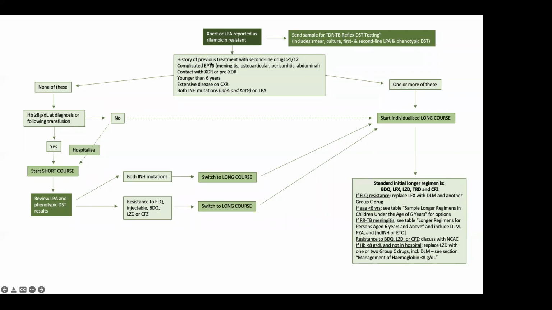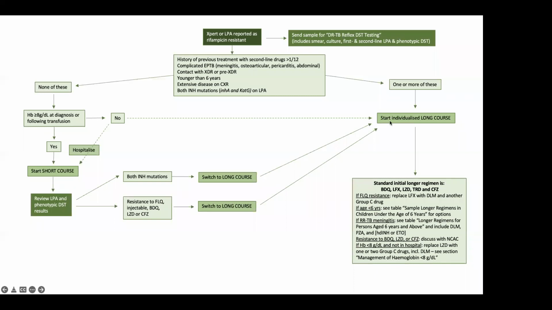Any patient who has a previous history of being treated with second line TB drugs for more than a month, or has complicated TB meningitis, TB of the spine, or has had a contact, so they have TB now but are staying with someone who's got XDR, they are younger than 6 years, they have extensive disease on the chest, so it's a very bad infection, or they've got both INH mutations, INHA and KG. These groups of patients are not eligible for the short regimen.